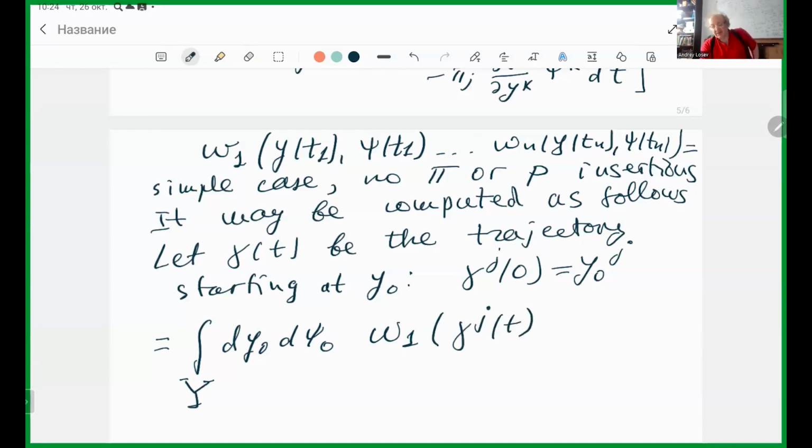And what do I need to insert for psi? You may easily check that for psi I should insert d gamma j over d y0 k psi0 k, etc., omega n.